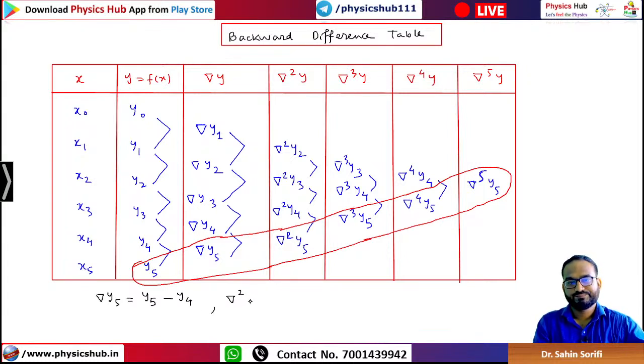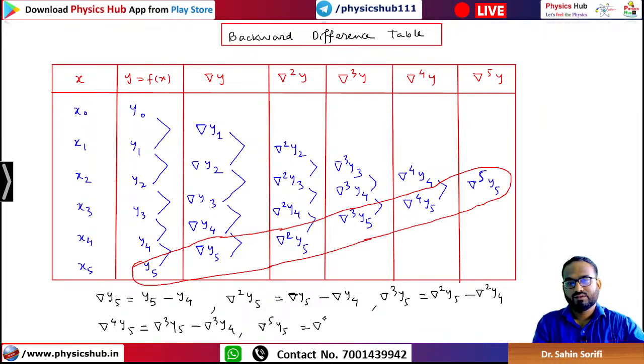Nabla square y5 equals nabla y5 minus nabla y4. Nabla cube y5 equals nabla square y5 minus nabla square y4. Nabla to the power 4 y5 equals nabla cube y5 minus nabla cube y4, and nabla to the power 5 y5 equals nabla to the power 4 y5 minus nabla to the power 4 y4.